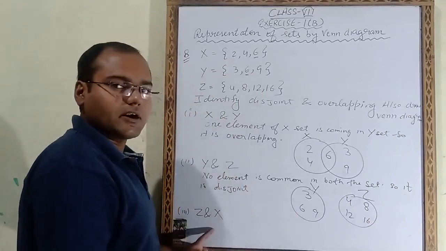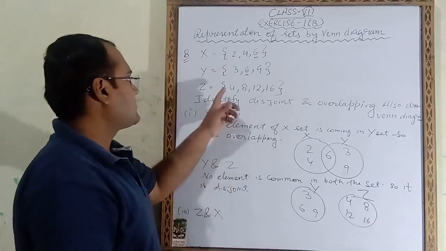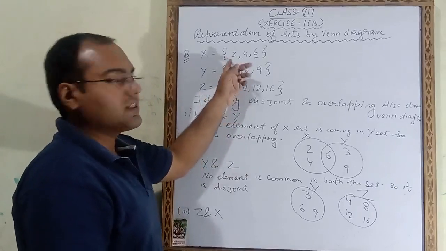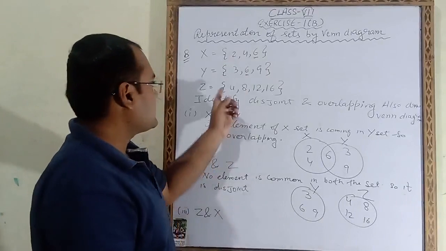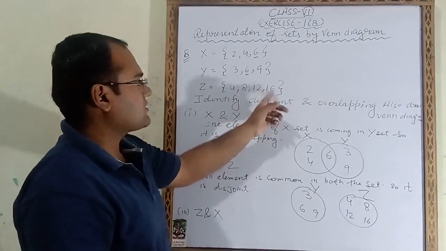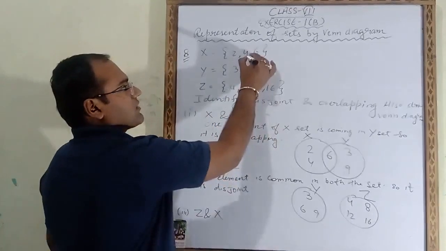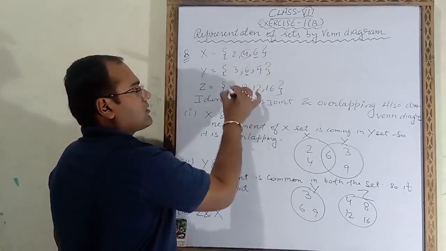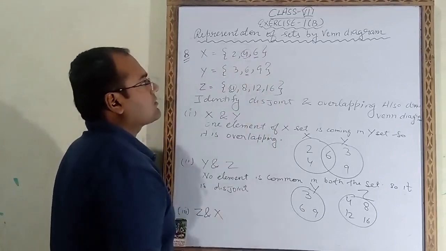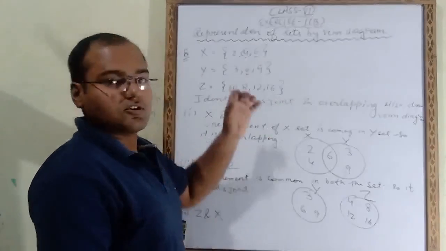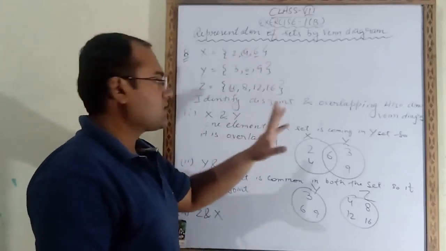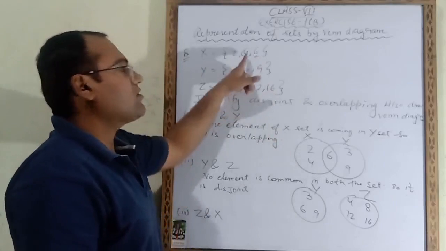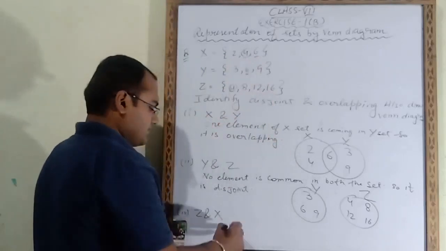Now part number three, Z and X. In X, 2, 4 and 6 are written. And in Z, 4, 8, 12, 16. We will observe that 4 is coming in both the sets. 4 is common in both the sets. 2 is not there. 6 also not there. That means in X and Z, 4 is common. So what will you write?